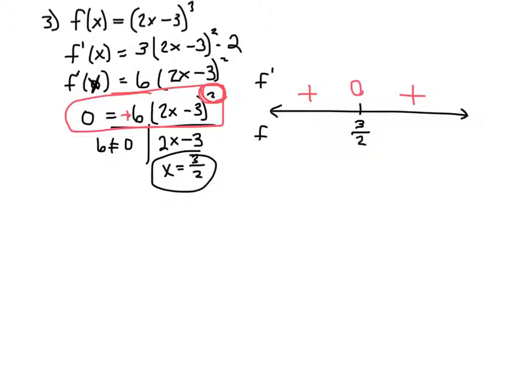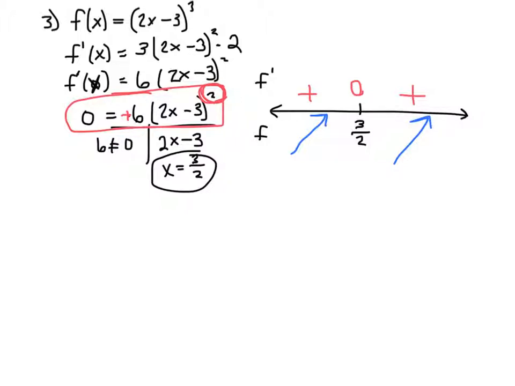And so what does that tell us? Well, f is going to be increasing and then increasing some more. That tells us that we will not have any relative mins or maxes, because it never goes from increasing to decreasing or decreasing to increasing. It never goes from positive to negative or negative to positive.